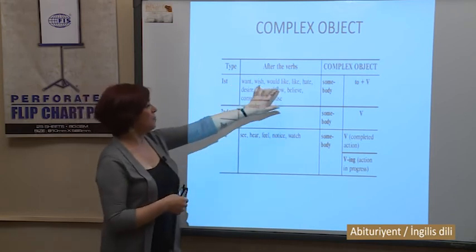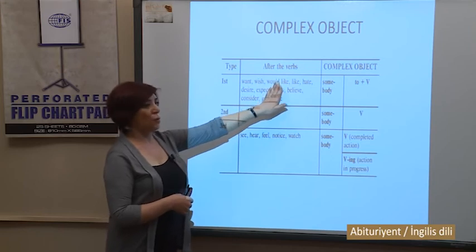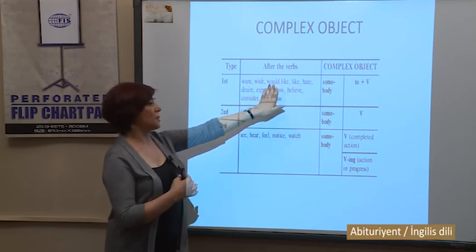Then I would like. Be very careful with like. If before the verbs comes would, that is a modal verb, and it doesn't matter which form of the verb the first verb requires, it is always used with infinitive to. For example, I would prefer to, I would like to, I would love to, remember it.